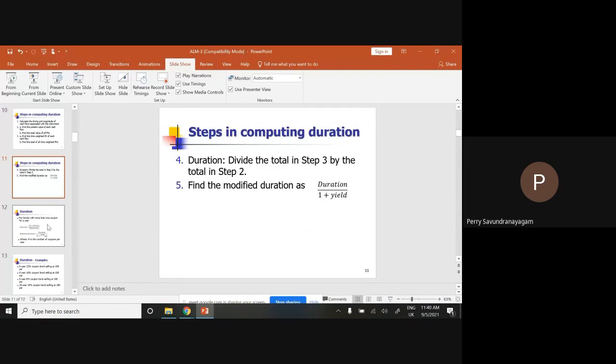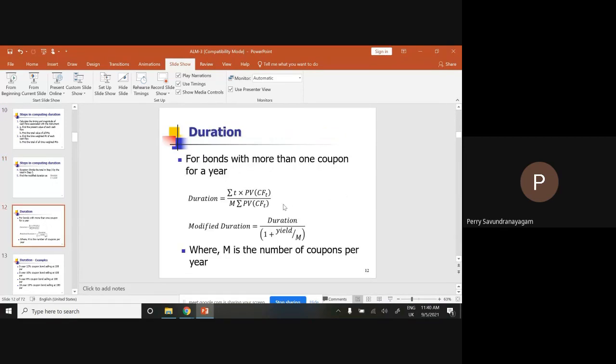Once you have that, you have the effective duration here, and then for modified duration, you take that number and change it by a 1 percentage point move in the yield curve, and how that will impact based on the coupons per year.